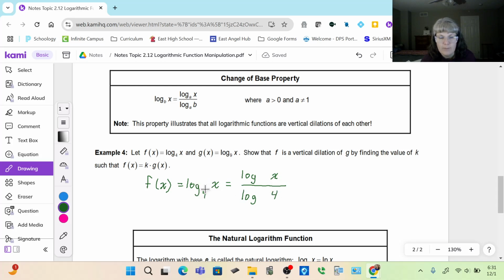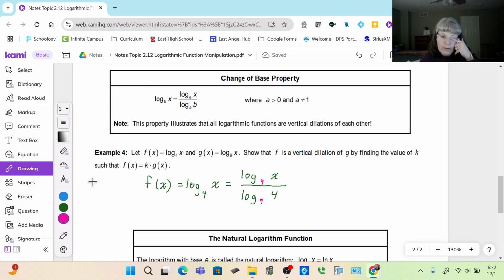So the base of my initial logarithm now becomes the value that I'm finding the log for in my denominator. Because I'm looking for g of x, if I look at g of x, I see that I have a base of 9. So I have an expression that involves a variable x, and that log base 9 of x is my g of x. So how can I write this to identify k?